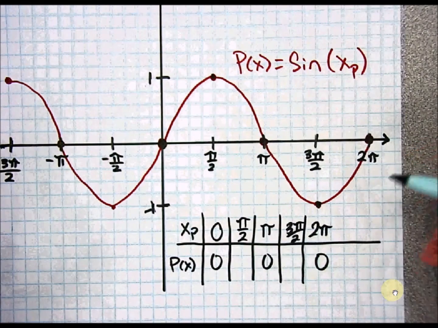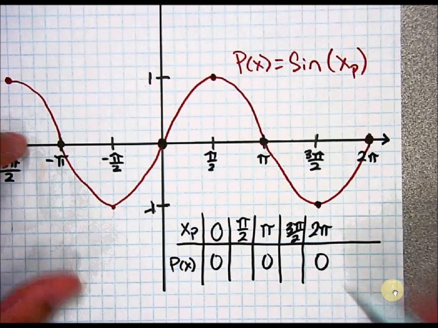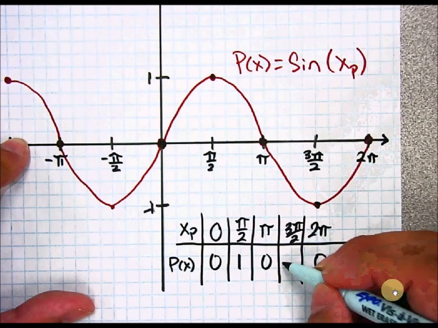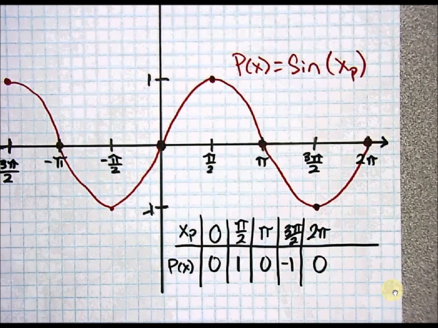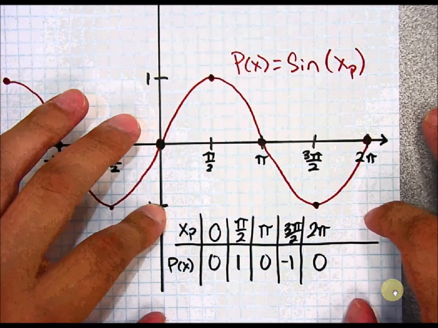My argument is if you can graph one period, you can graph the whole function because everything else is just copies of it. So at pi over 2, you can see it's at 1. At 3 pi over 2, it's at -1, and now we have the table for the parent function. Using that, we're going to transform this table into the table for f of x.